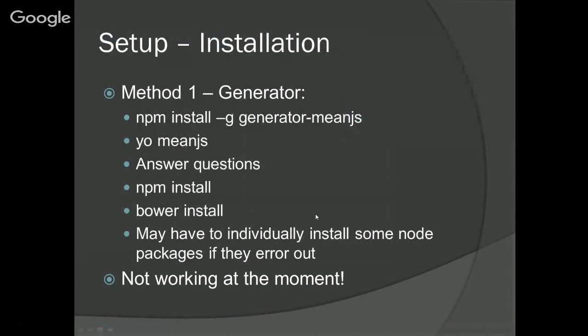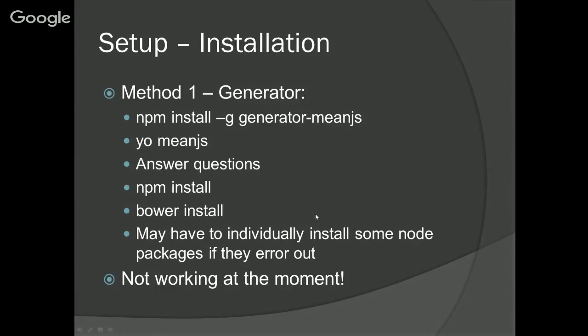So after that, after it finishes its thing, it's best to run npm install and Bower install to make sure all the dependencies get included. And then what I've found is that you sometimes hit errors. The one I've seen a lot is with Node Sass, the compiler for Sass style sheets.